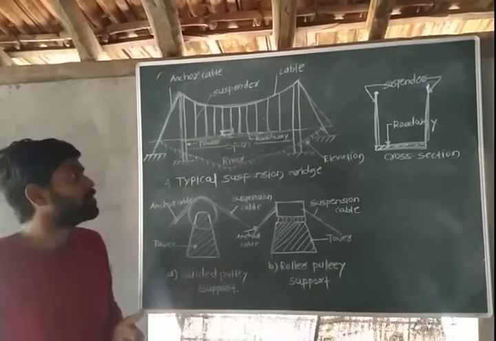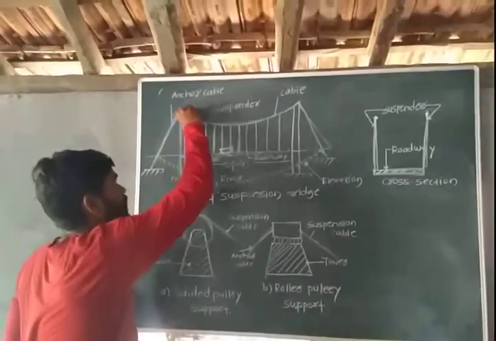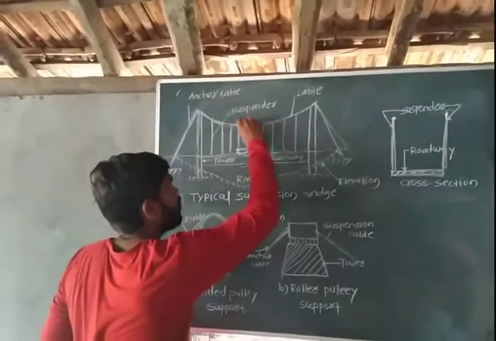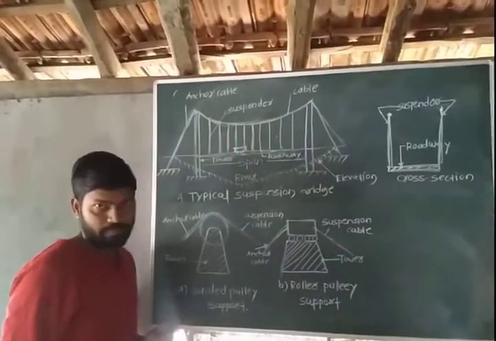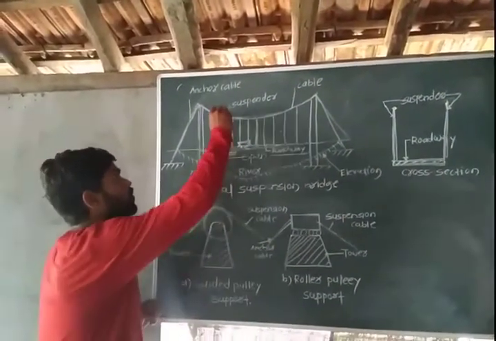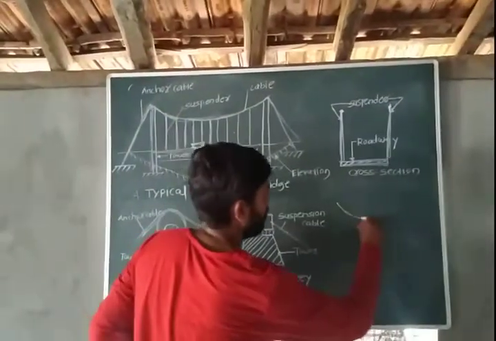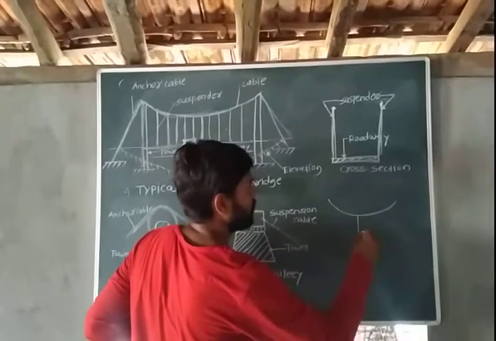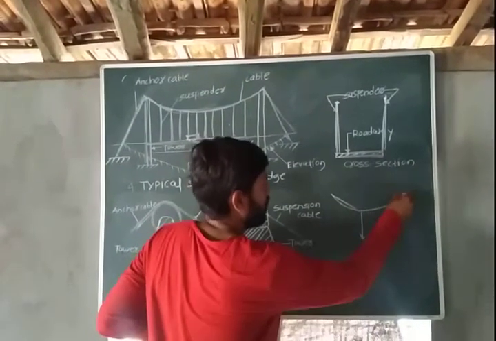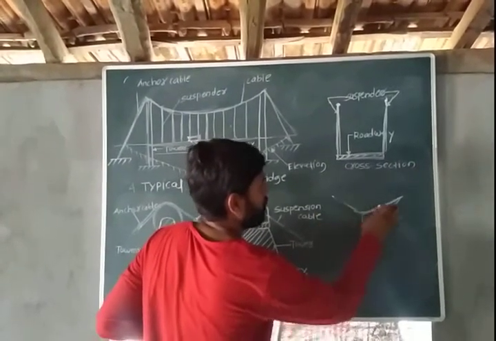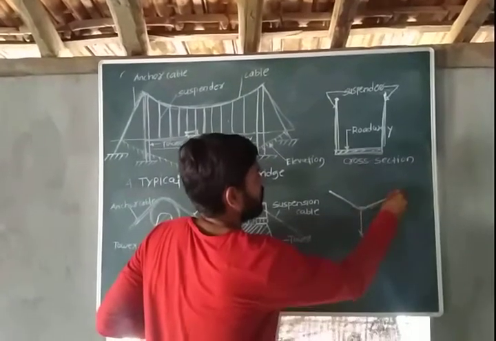Now why? See, this suspension cable does not carry the bending moment. Okay, now due to this, suppose this is a cable, and if you apply a load over here, what happens? Cable adjusts its shape to the load.